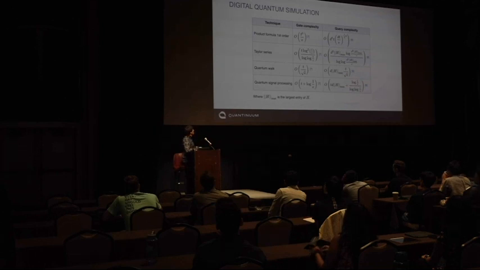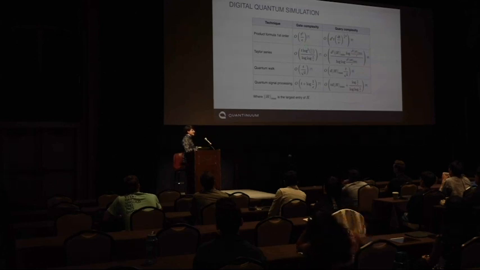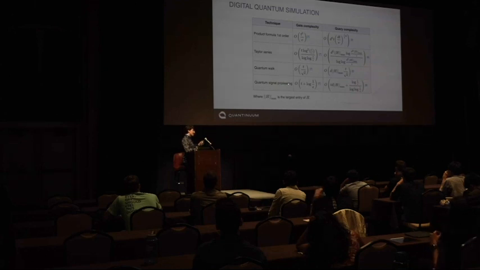You'll read 50-page-long papers in this area where they're deriving the error required. For this Trotter form, it scales as t squared over epsilon, and you can see this is slightly worse than the quantum signal processing algorithm, which you're going to hear about later.